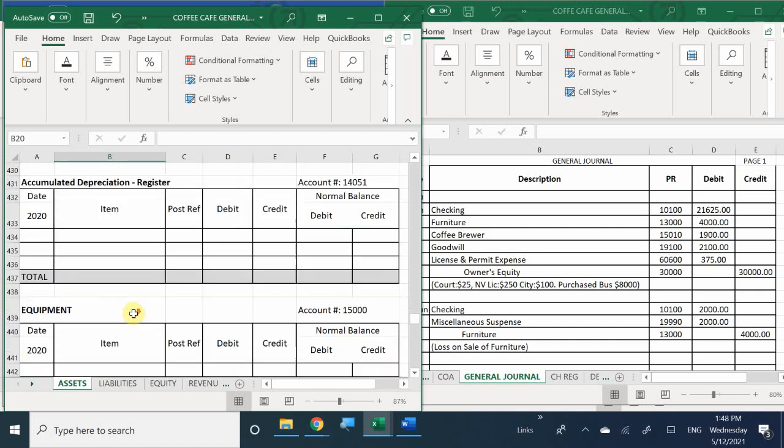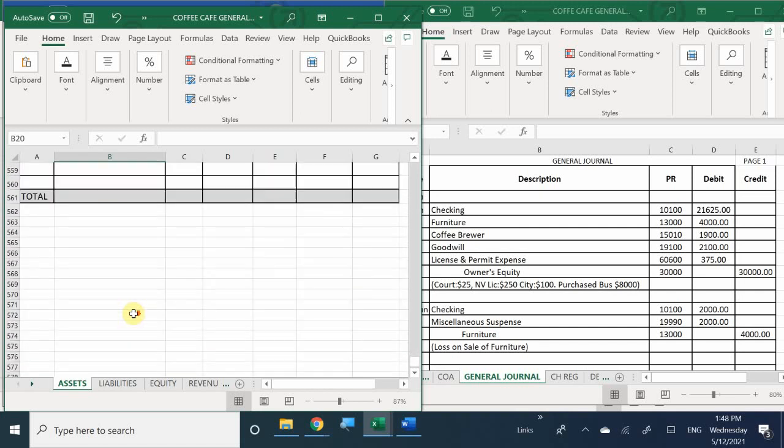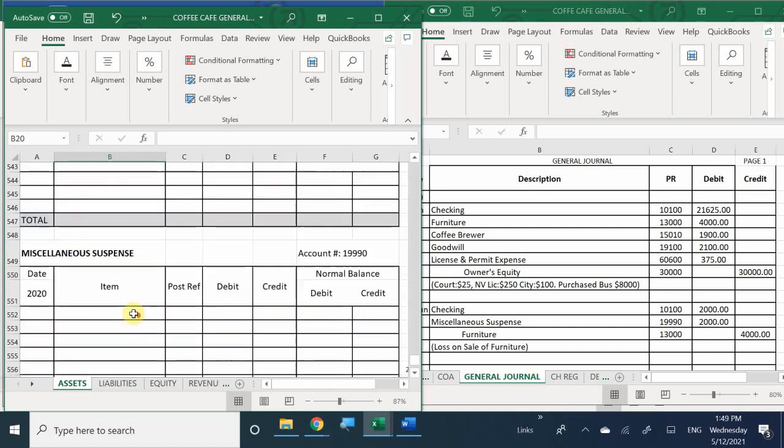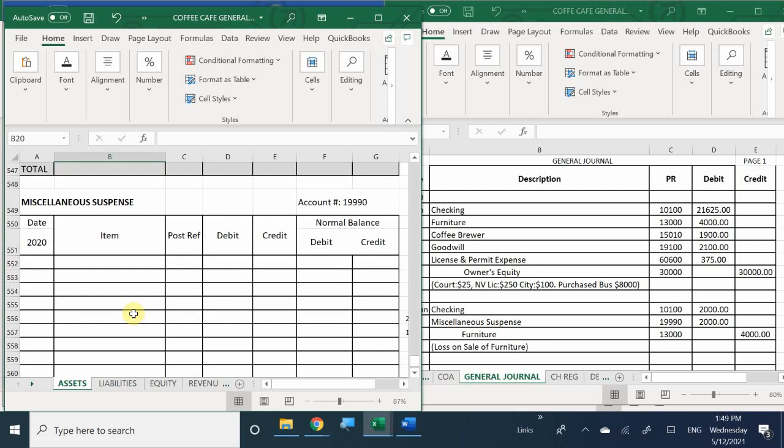So once again, it's going to be the very last account in your assets. Here it is, miscellaneous expense. Page 16 from your Word work file, or I think it could be 17. In this case, I'm going to post the date. This was June 4th.